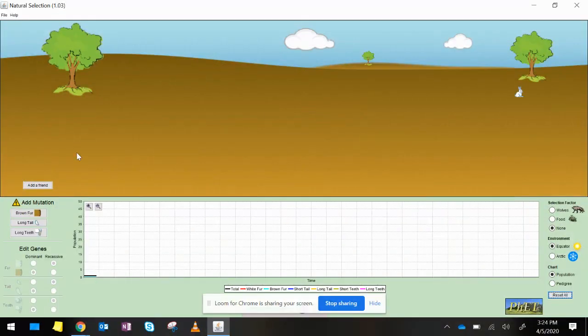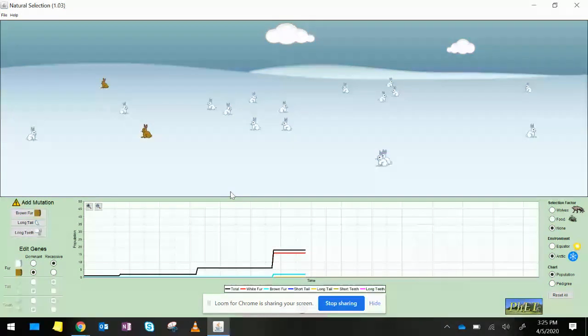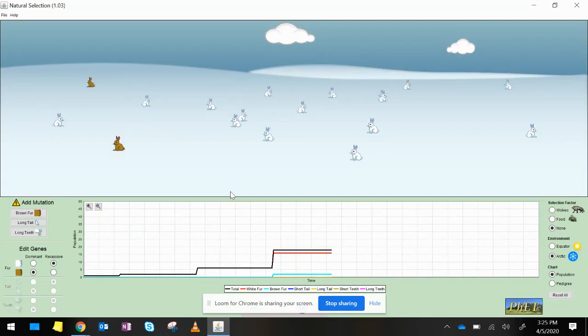This is kind of exaggerated, but this is overproduction. Now I'm going to add a friend, and I'm going to switch to the Arctic environment just because this is a little bit easier. And here's what I'm going to do. I'm going to add the mutation. If it's just white rabbits, there's no variation. But now, if I add a mutation, we have variation within a species of organism.